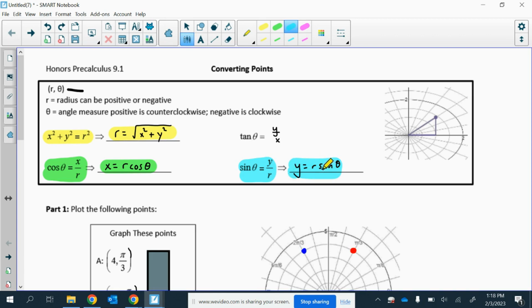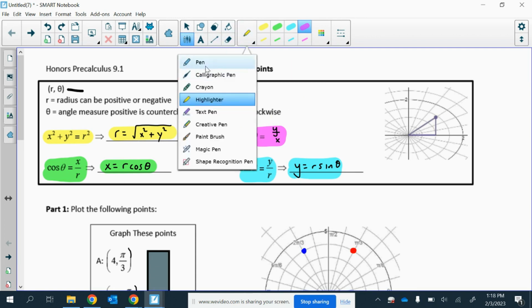So we can solve that for y, and if we have something in polar form, we can get it into rectangular form. Then we also know that tangent is y over x. So if we have x and y coordinates, we can end up getting theta from that.